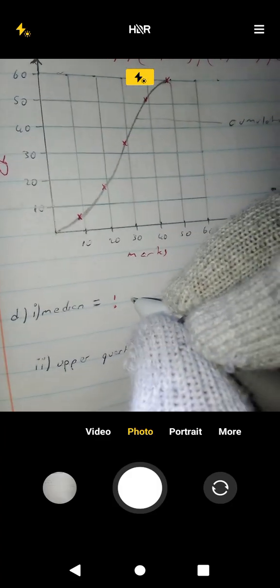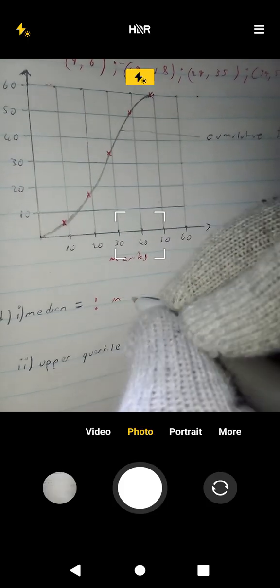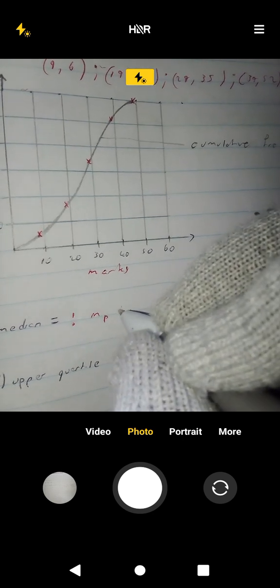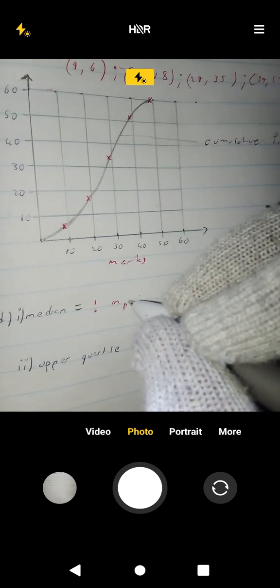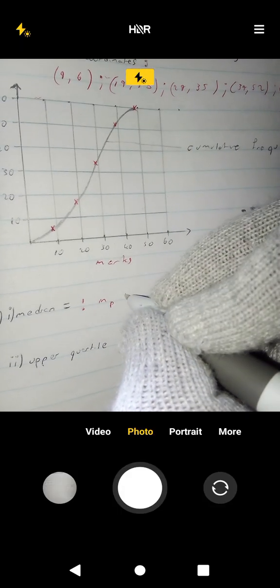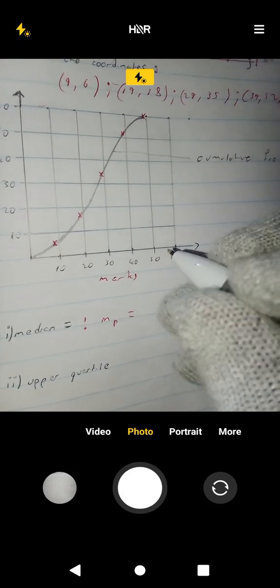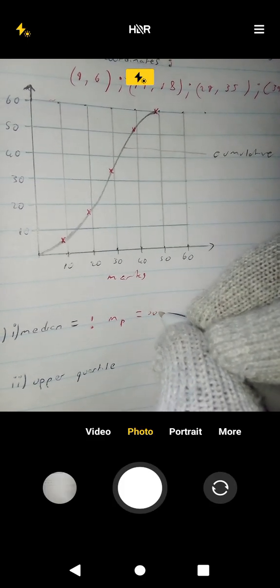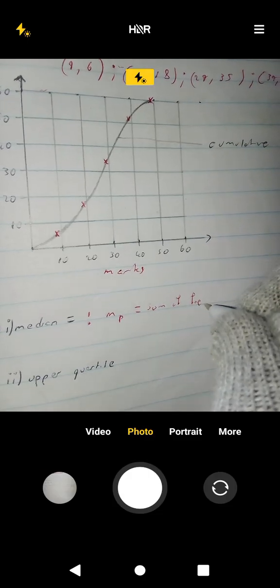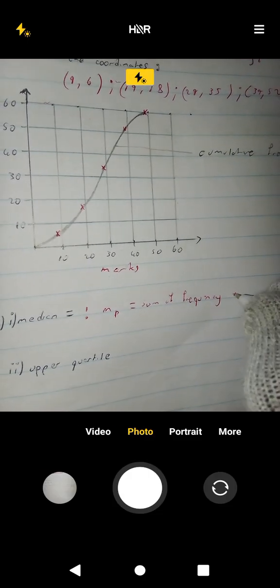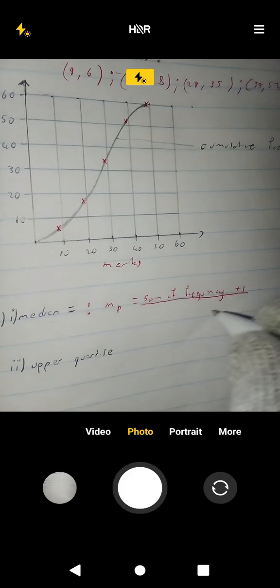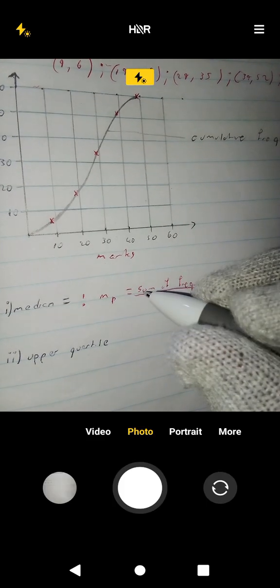You should write the full name: median position is equal to the sum of frequency plus 1, over 2. Let's call this N.